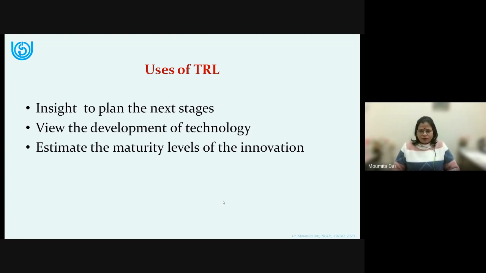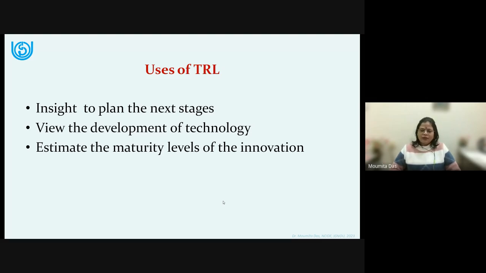Now, what does it do for an innovator, an investor, or a management of the company? These three, the innovator, the management and the investor, gain a lot of information from the TRL level that your product is in. When you go to your management with your innovation, they will ask at what stage it is, why they would take it up, and what the risks associated are.